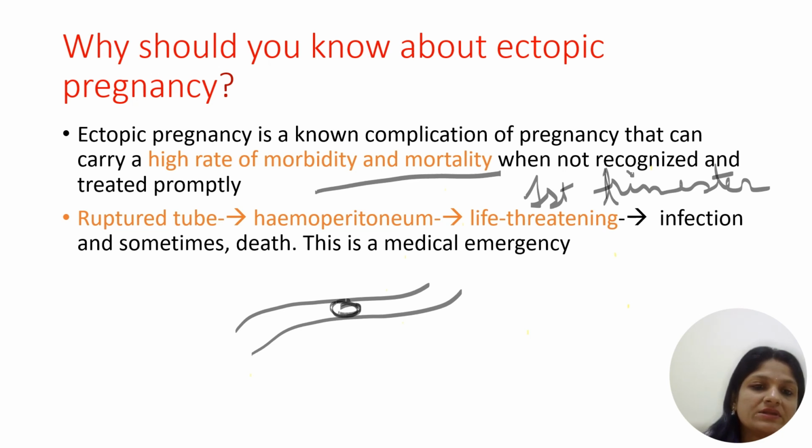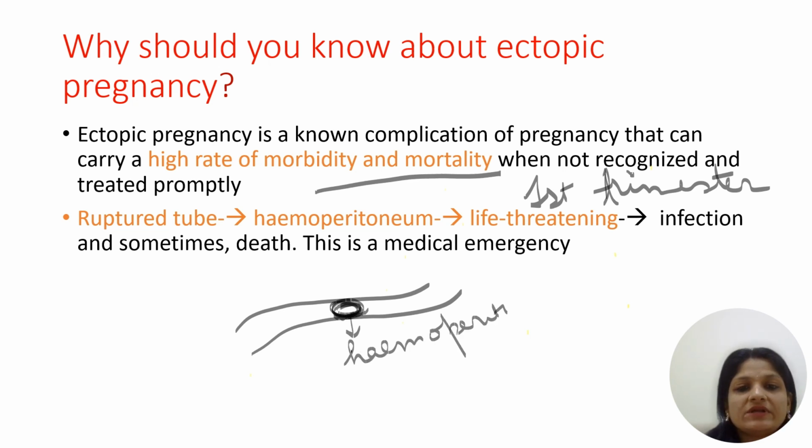So the fertilized ovum will grow inside and gradually corrode the tube and burst outside, resulting in a hemoperitoneum. The blood will collect inside the abdominal cavity, and this becomes life-threatening if it is not detected at the proper stage. It is a medical emergency. You need to act upon it quickly.